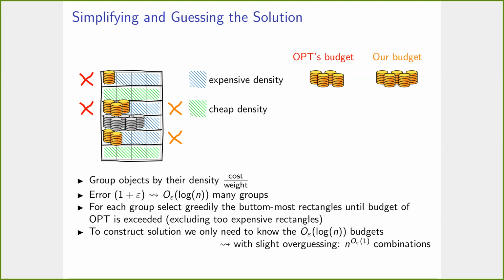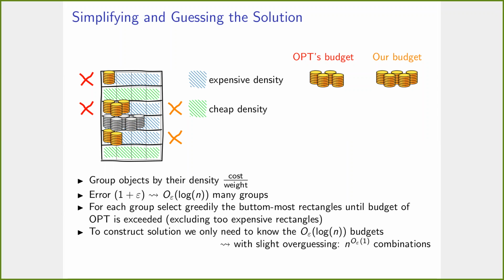And finally, the last part is why can we easily guess this solution? Well, the only thing that we need to know to recover this solution is the budget of opt in this block. And if we guess the budget, we can easily simulate this algorithm and recover the same solution. So we need to guess for each of the density groups the value of opt's budget.